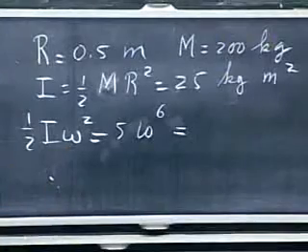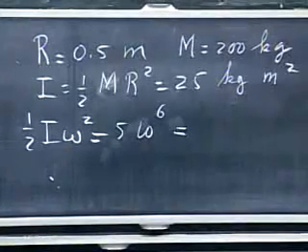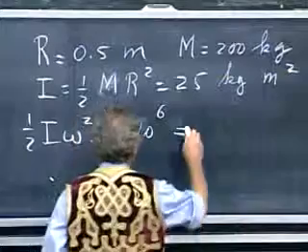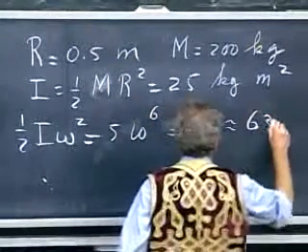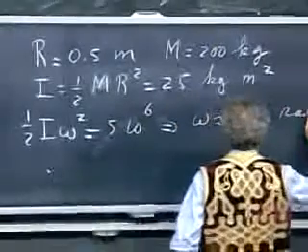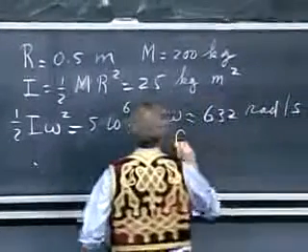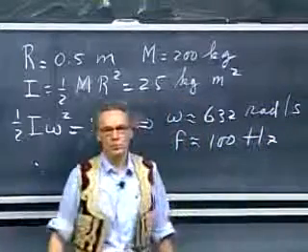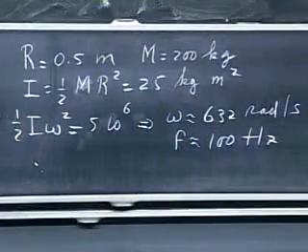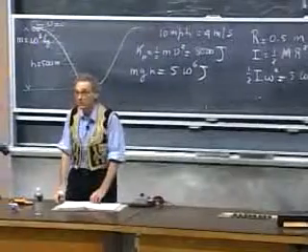And that immediately tells you what omega should be for that disk. If you put in your numbers, which is trivial, you find that omega is about 632 radians per second. So the frequency of the disk is 100 hertz, 100 revolutions per second. I don't think that that is particularly extravagant.